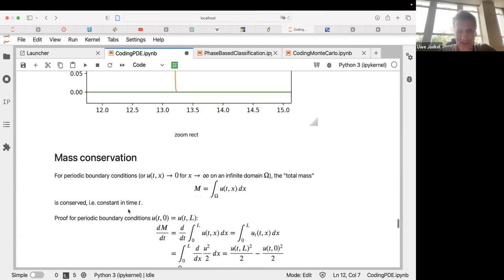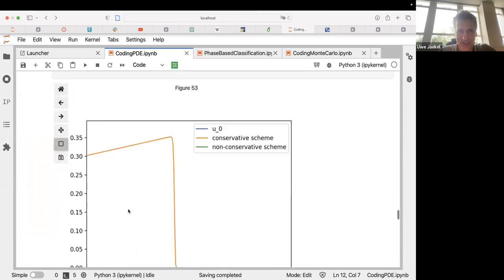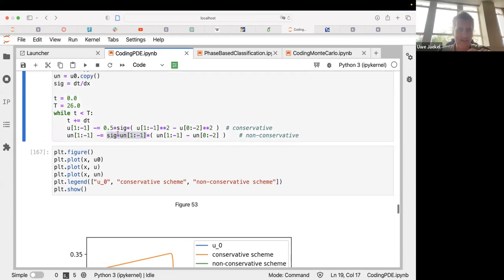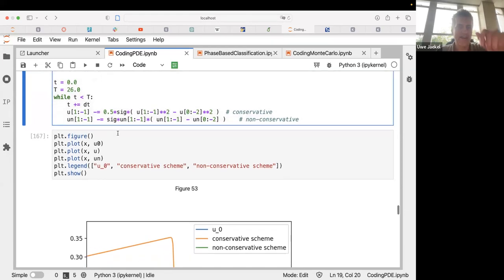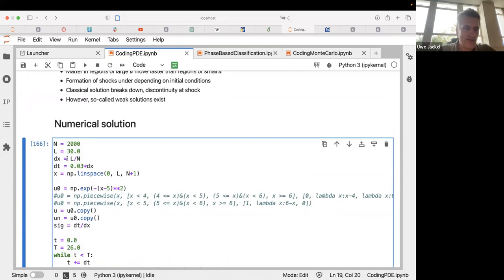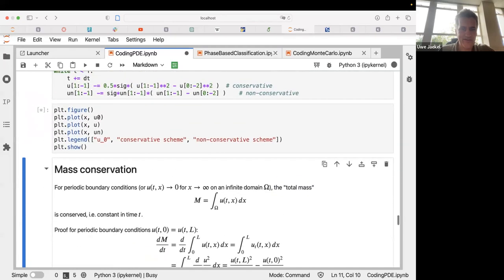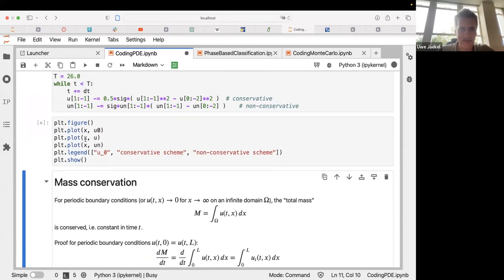We don't see it in our update scheme, because basically this is what we had called sigma. So the meaning of sigma has changed slightly, but if we increase the number of grid points, now let's assume that we want to solve the problem on 20,000 grid points. It's not much of a problem. It just takes longer, as we see.